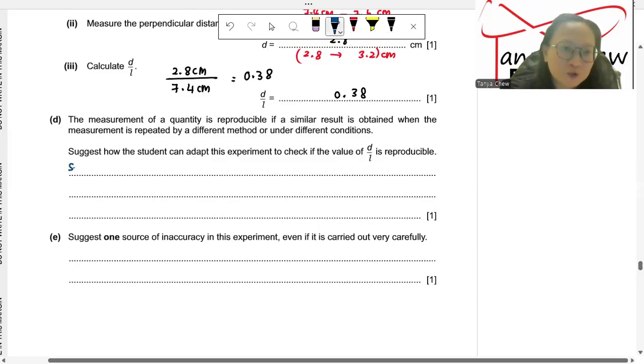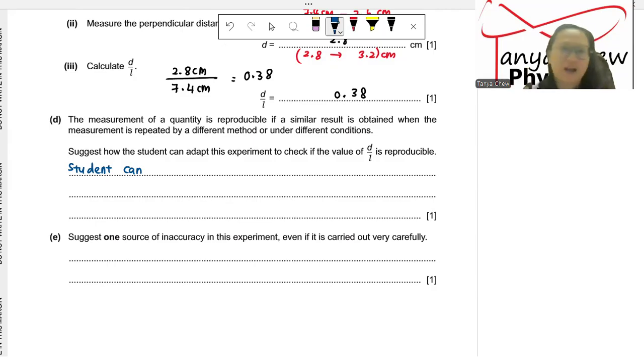I say maybe the students can repeat on the other side of the block, with the same exact angle that I measured initially, which is 60 degrees, and to see whether D over L, you will get back the same 0.38 in my case.